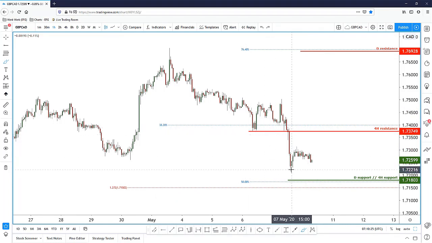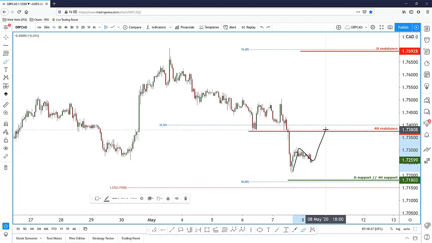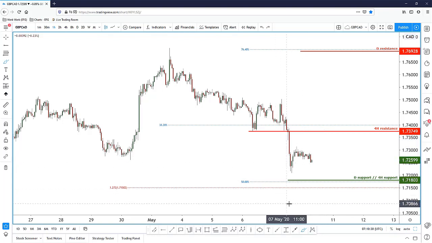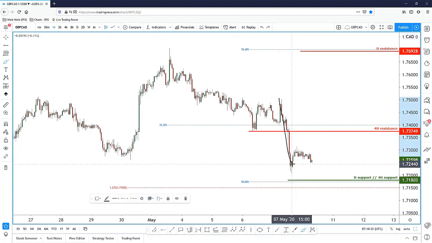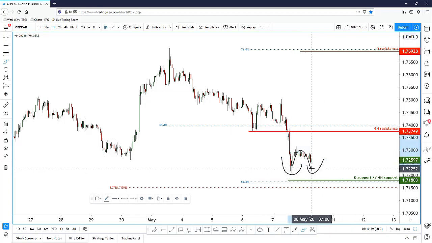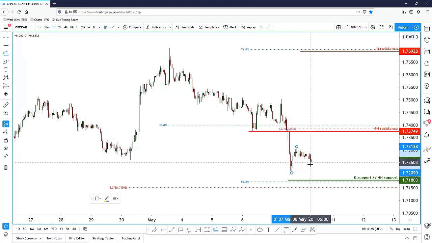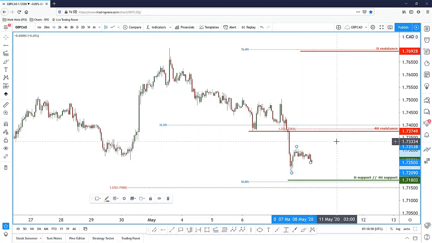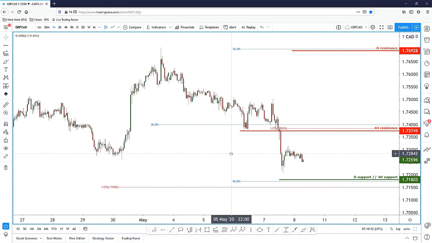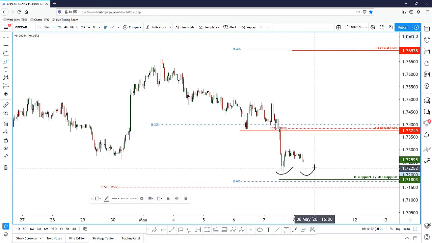So what I think price could be doing is we can take this small zigzag to see how far price can push up. After this strong push down, price could very well make a double bottom pattern, come down and make the second bottom and then make a push up. So let's use our Fibonacci extension. And we see that the 4-hour resistance is also in line with the 127 too. So what I have here is really a possible double bottom pattern.